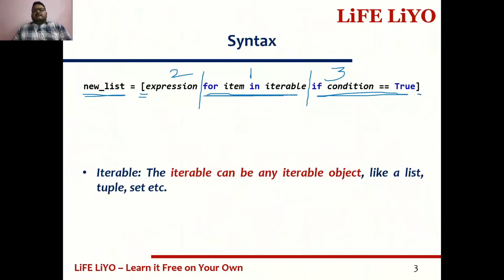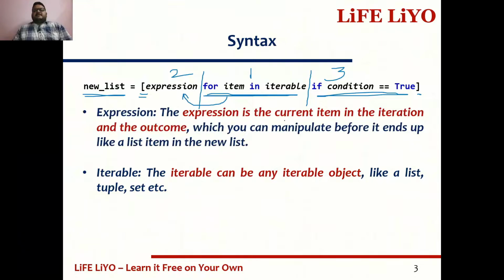Where this operation should be performed is on the expression. The expression is the current item in the iteration and the outcome. That is, whenever the iteration is in the iterable, then this expression has to be performed. After performing the expression, the value is going to be appended onto the new list.